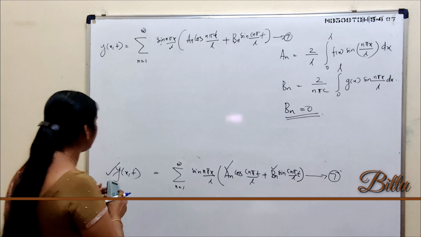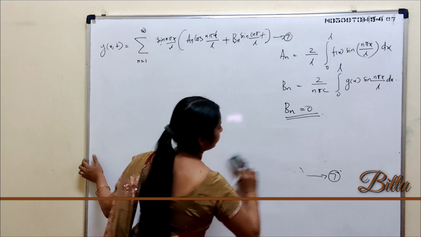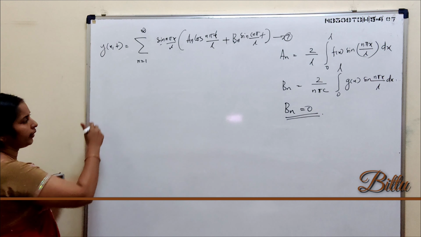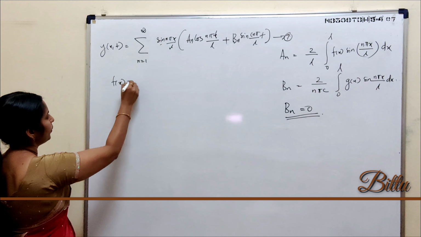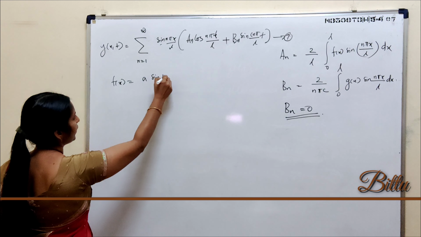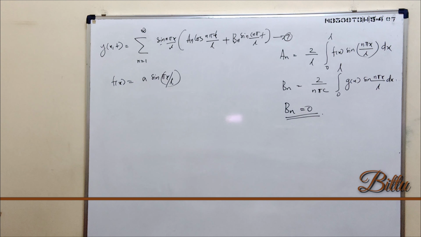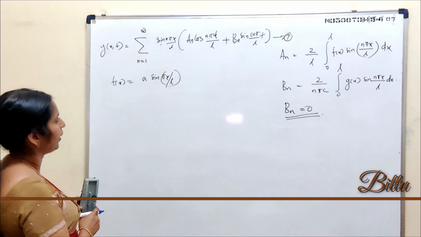We got Bn equal to 0. Here it is given f(x) equal to a sin pi x by L. Since it is a trigonometric function, we find An like this.